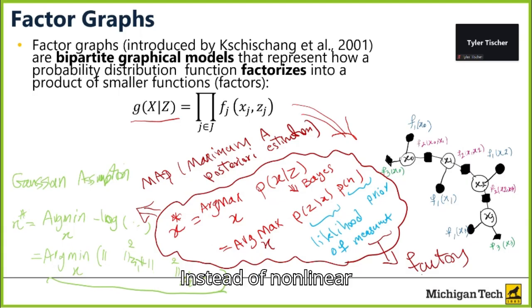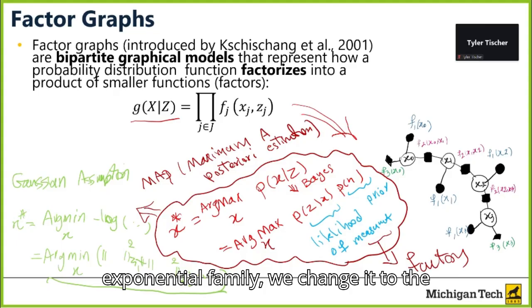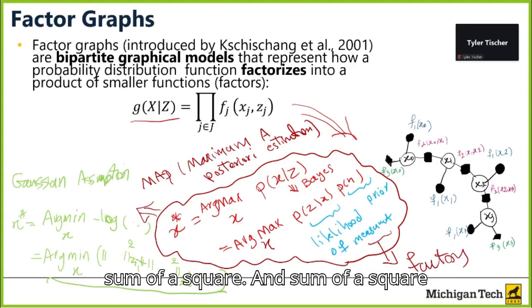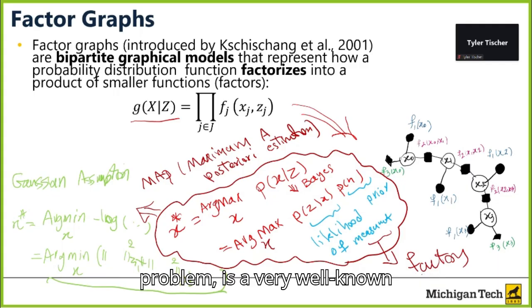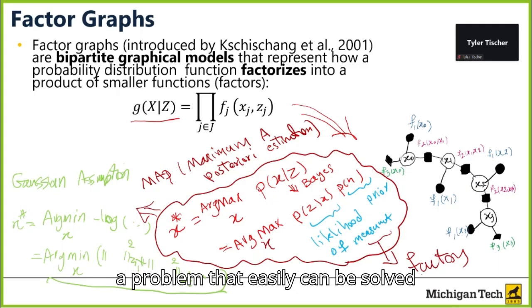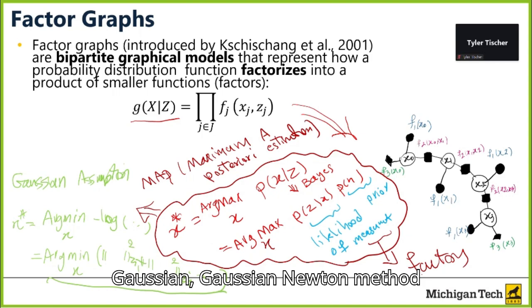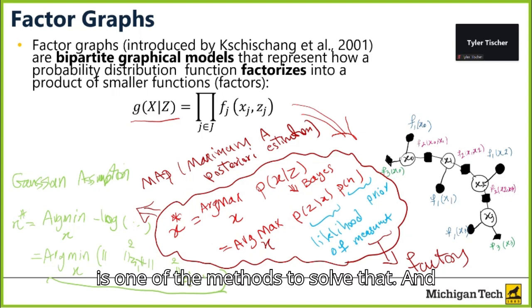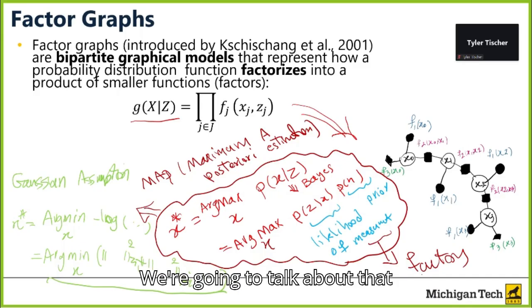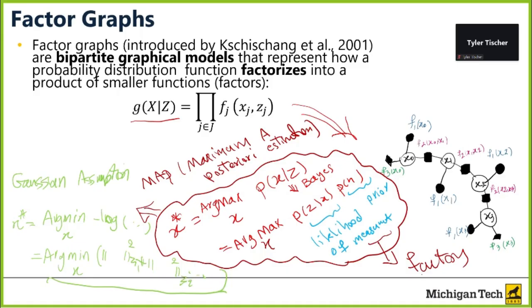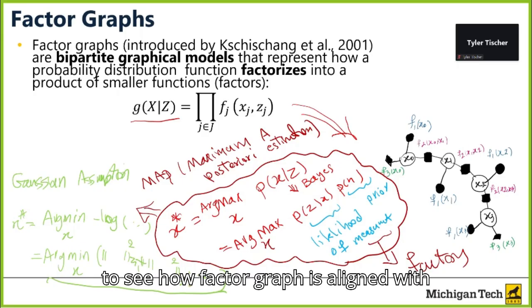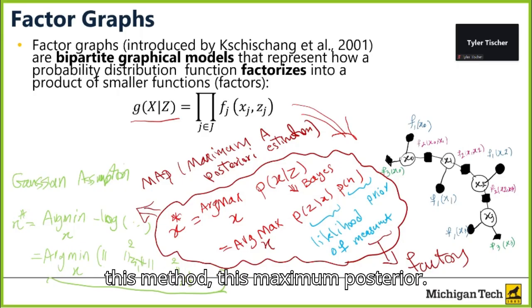Instead of the nonlinear exponential family, we change it to a sum of squares. And minimization of a sum of squares is a very well-known problem that can easily be solved with many methods, including the Gauss-Newton method, which is one of the methods to solve that. And when you solve that, you can find it. We're going to talk about that more in a practical way. I just wanted to mention that to show how the factor graph is aligned with this method, this maximum a posteriori.